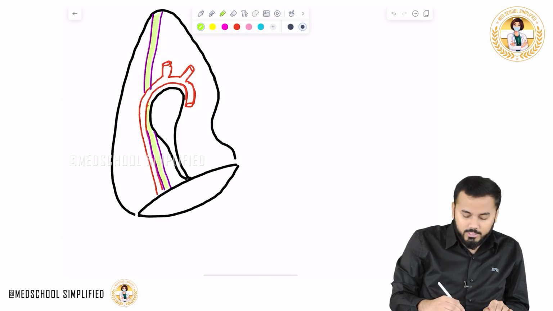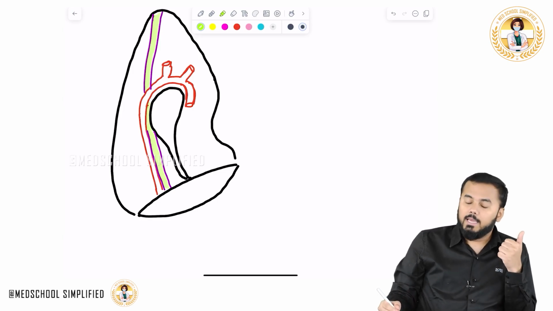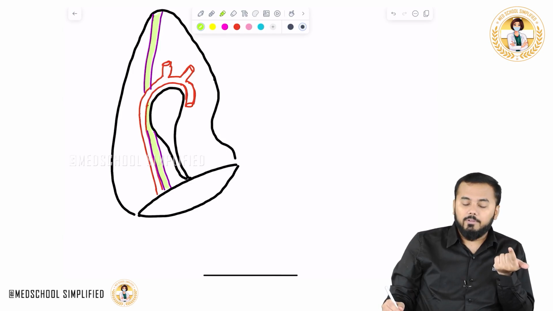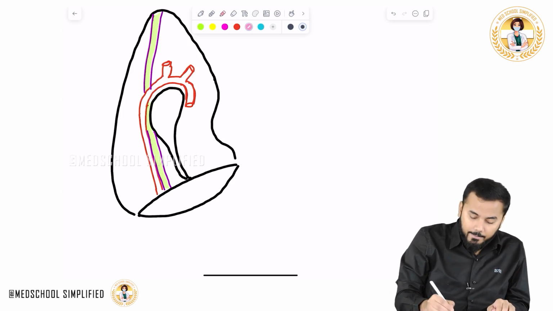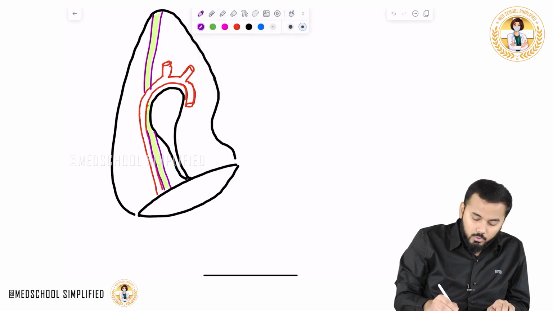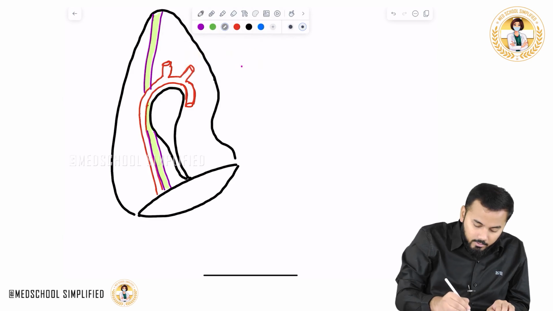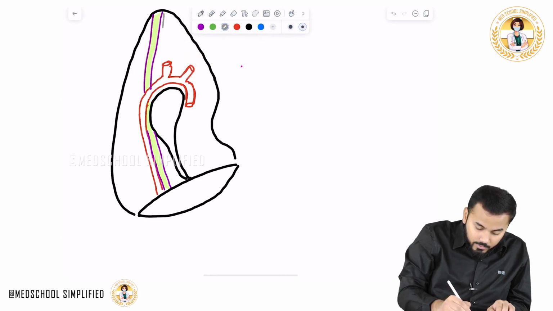So the structures so far are the arch of the aorta, the left subclavian artery, the left common carotid artery, and then the esophagus. When I draw the esophagus, I should also draw the trachea. So there is also the trachea, exactly over here.